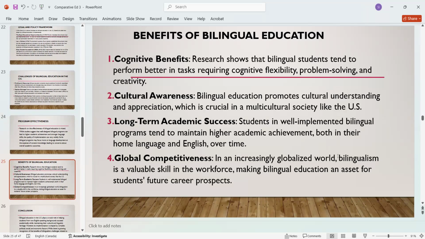Cognitive benefits: research shows that bilingual students tend to perform better in tasks requiring cognitive flexibility, problem solving, and creativity. And cultural awareness: bilingual education promotes cultural understanding and appreciation, which is crucial in a multicultural society like the US.